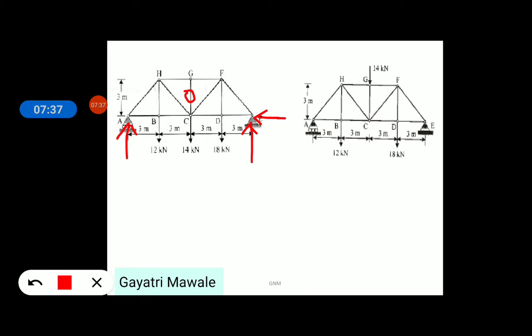So at joint A also there is no zero force member, and at joint E also there is no zero force member. In the first truss, the only zero force member is the GC member.